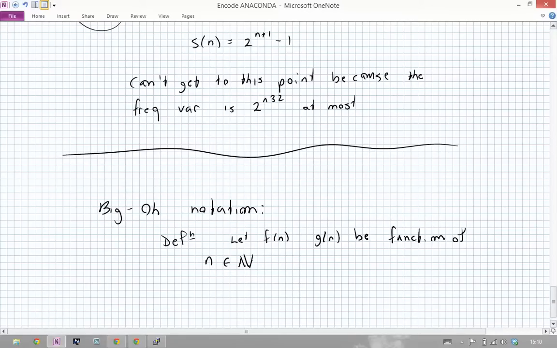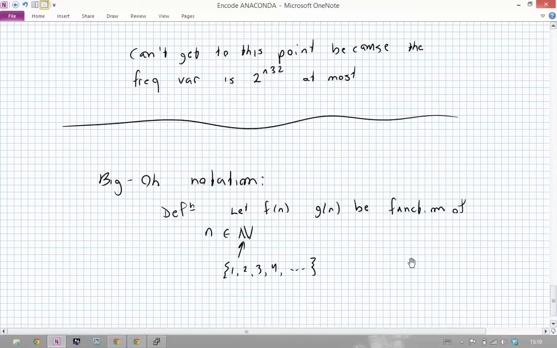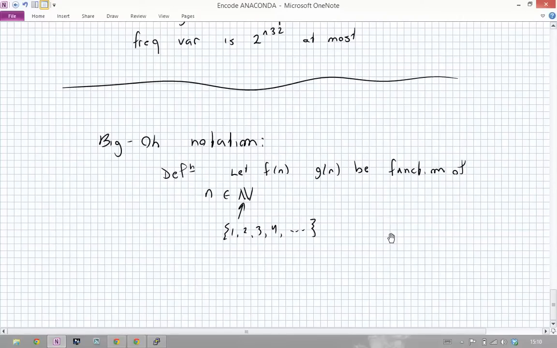Remember what natural numbers are? Just 1, 2, 3, 4, 5. Yes, and 6. But not 7 or 23. So those are the natural numbers, the counting numbers.